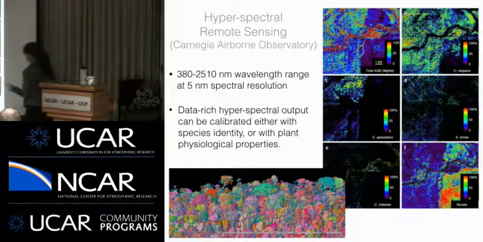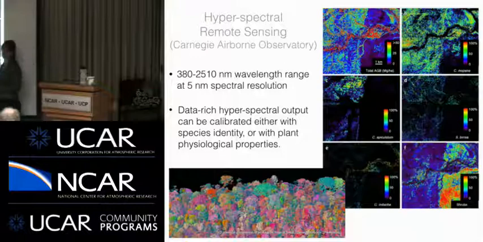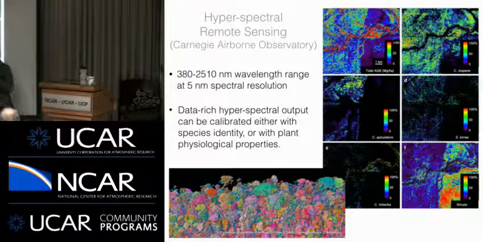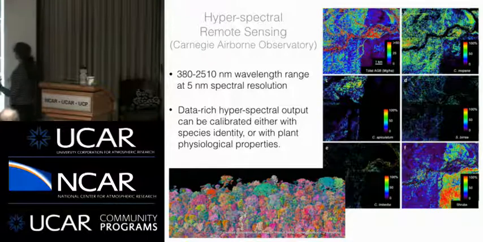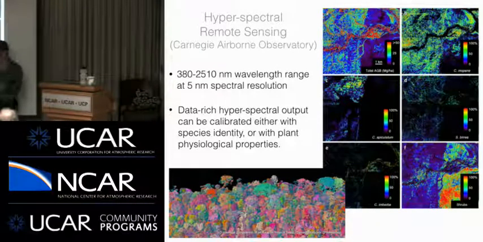What we can get from that is a really useful way of representing either tree species or canopy properties. But this opens up a whole new field. People can go into the field and measure the spectral properties of individual leaves, or of different species.